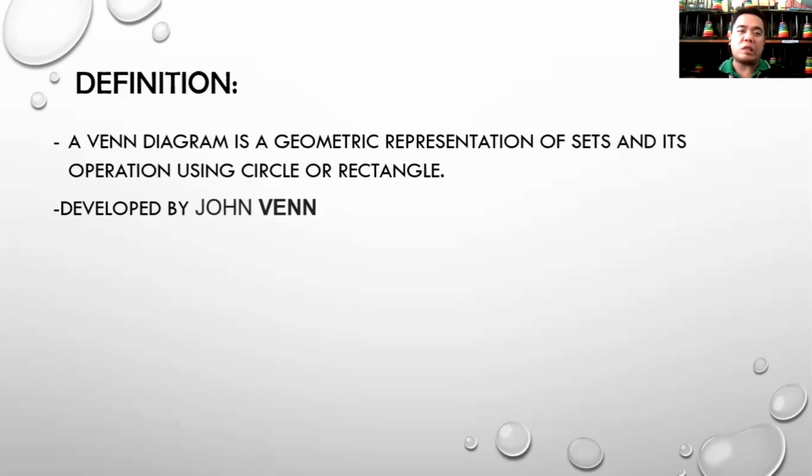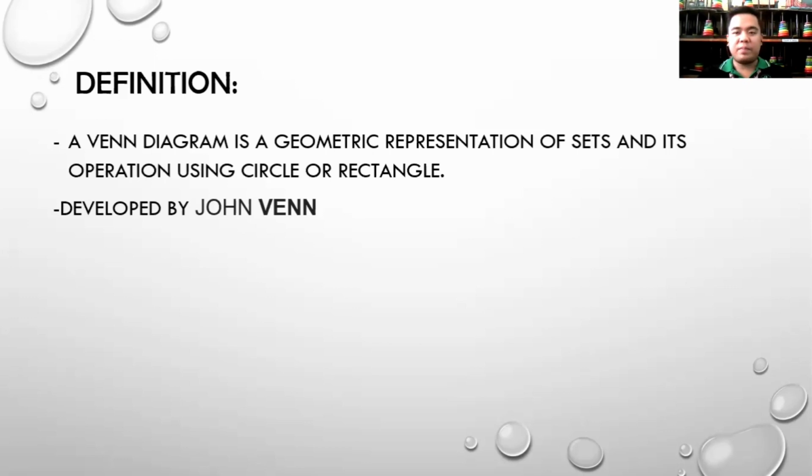So it was developed by John Venn, an English mathematician who developed this device so that children can better understand what sets are. So it can be a circle, it can be a rectangle, depending on your choice.